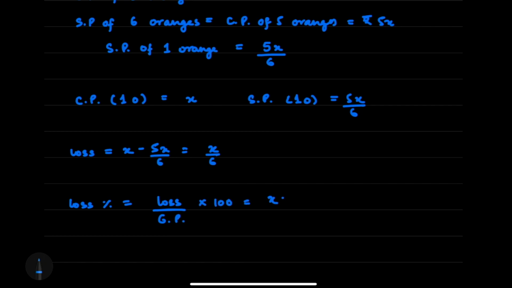That comes out to be x by 6 divided by x into 100, which can be simplified as 100 by 6 or 50 by 3. All this is percentage, which can be written as 16 2 by 3%. So that's the loss that the seller has incurred.